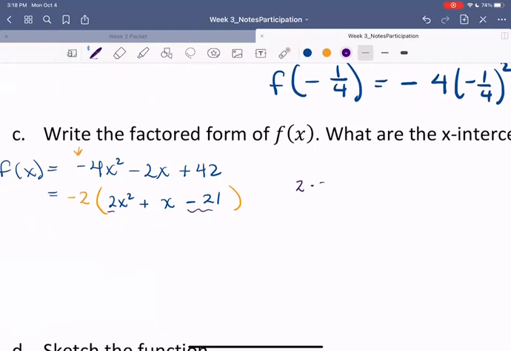So 2 times -21 gives me -42. So I want to look for factors of -42 that add together to give me +1. And we're going to see why we want to do this in a bit. So take a moment and pause the video and see what factors of -42 you can find.